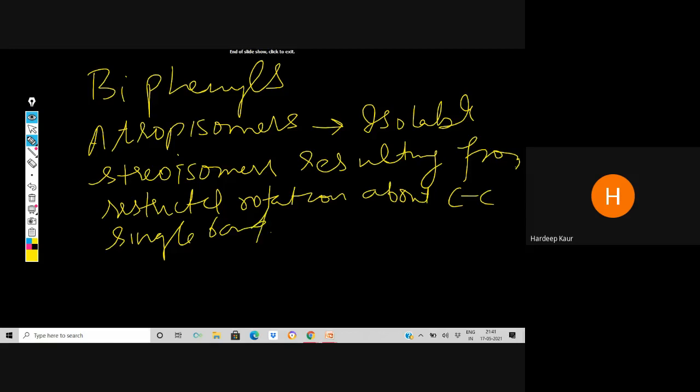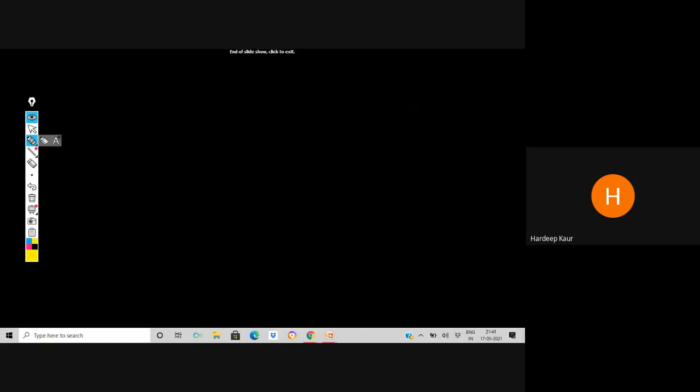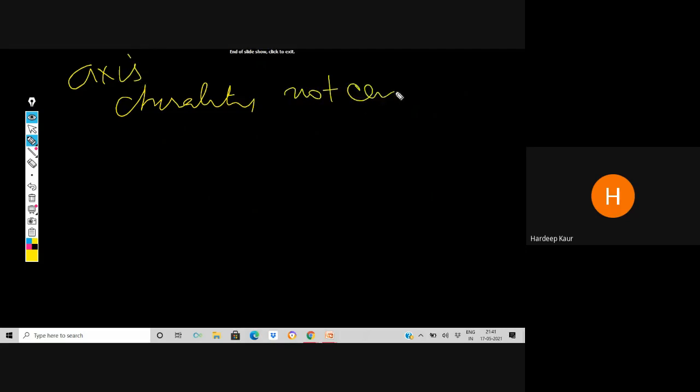So in their geometry, atropisomers approach allene derivatives and have an axis of chirality, but not a center of chirality. Axis is there, not center. Okay.